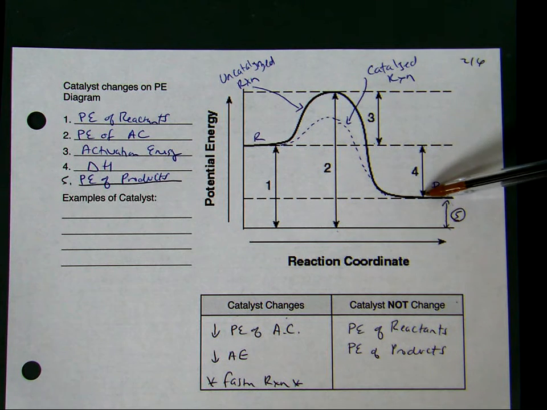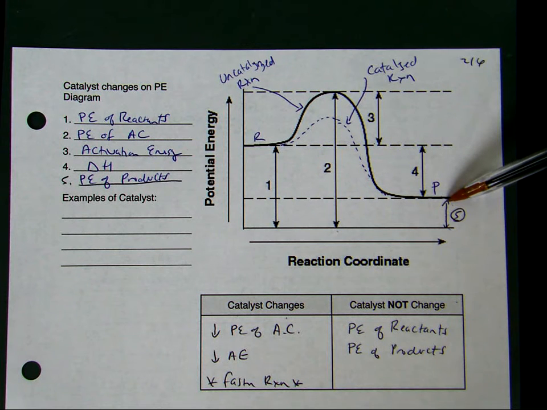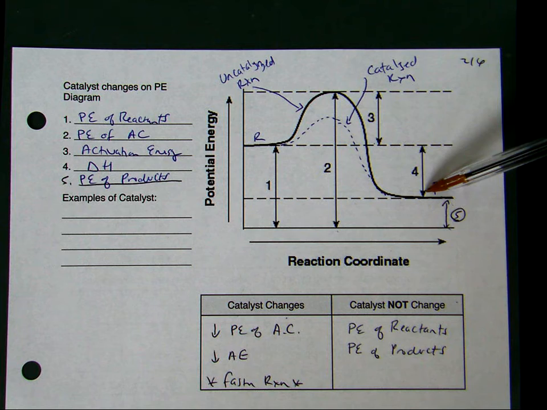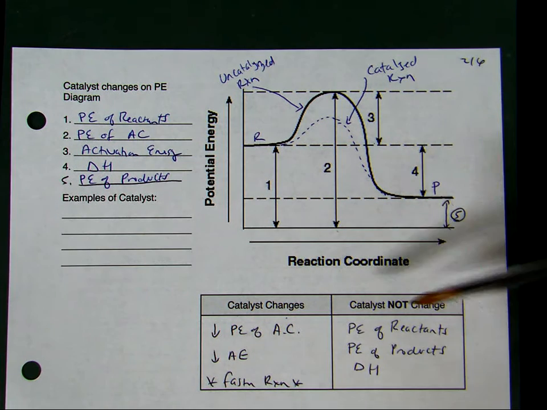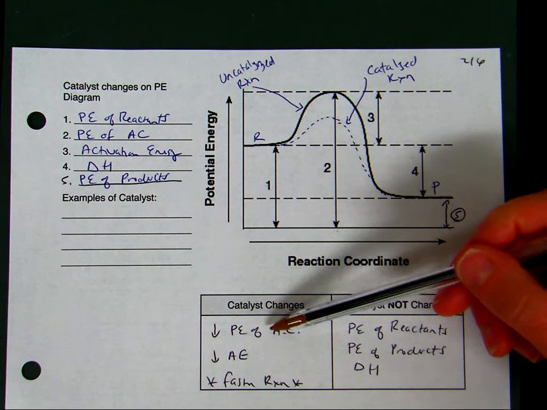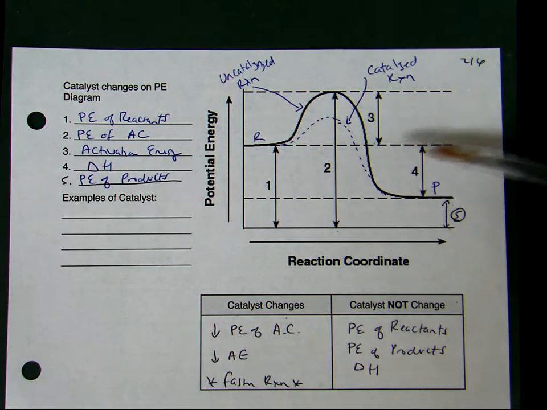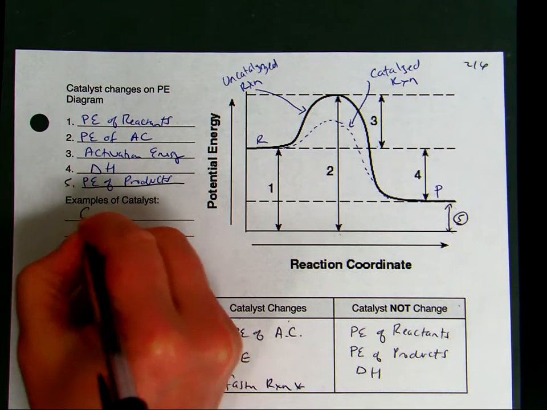Arrow 4 is the difference between the PE of the reactants and the PE of the products, so it makes sense its length was not altered. So the delta H, the starting and ending position, does not change, but the kickstart and making it a faster reaction does change.